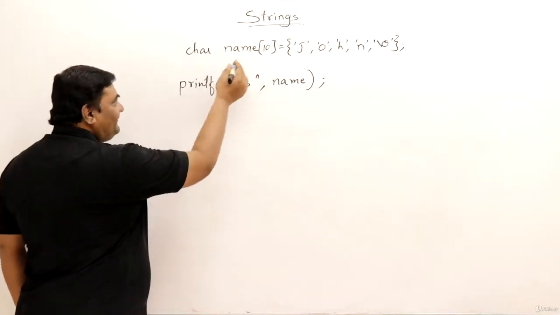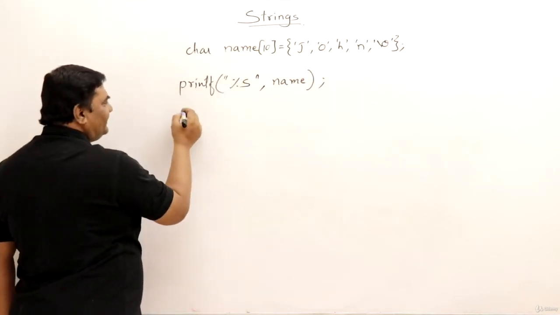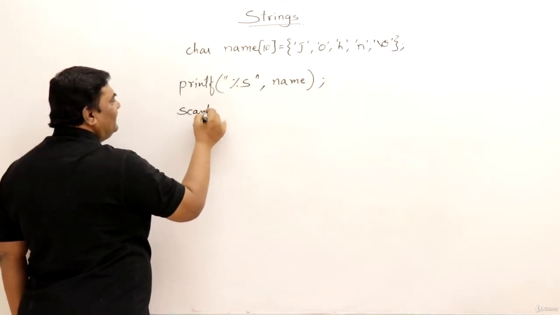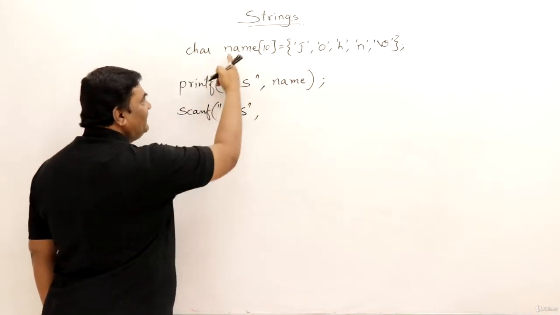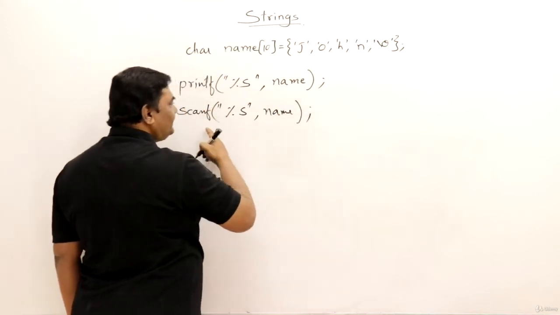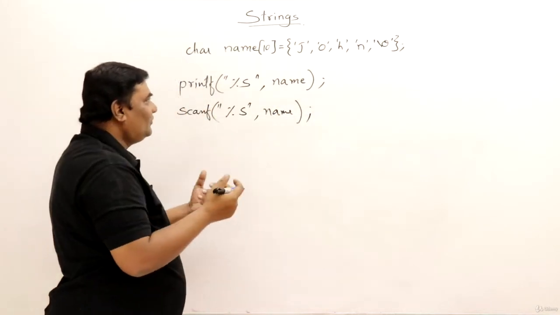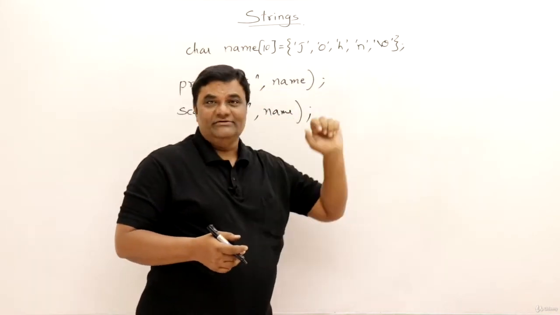Then if suppose I want to read some new name, another name in this one, I can use scanf. Now scanf with %s again, that is for reading a string, and give the name of an array. Yes, scanf can also read a string from the keyboard and store those alphabets there, followed by \0.